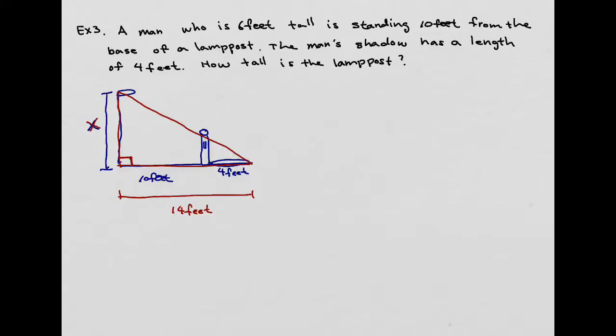And x is what you're trying to look for, the height. The second triangle I have is this triangle, where the height of the person is 6 feet and the shadow is 4.